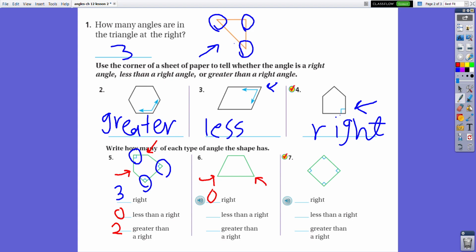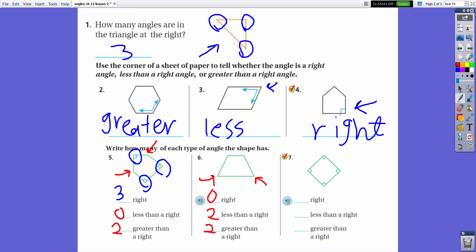This is less than, so it's 2. How many greater than a right angle? Look at the other two. Are those greater than a right angle? What do you think? Yes. So it's 2 greater than a right angle.